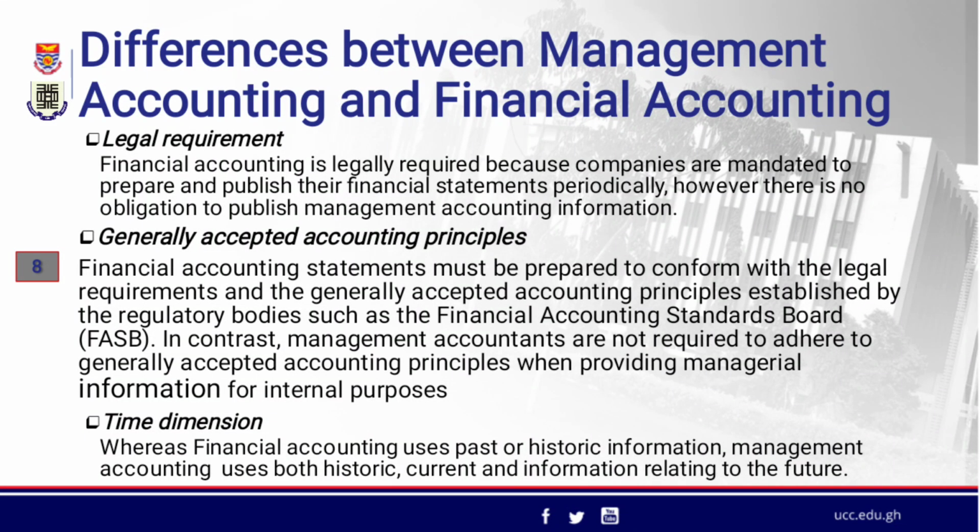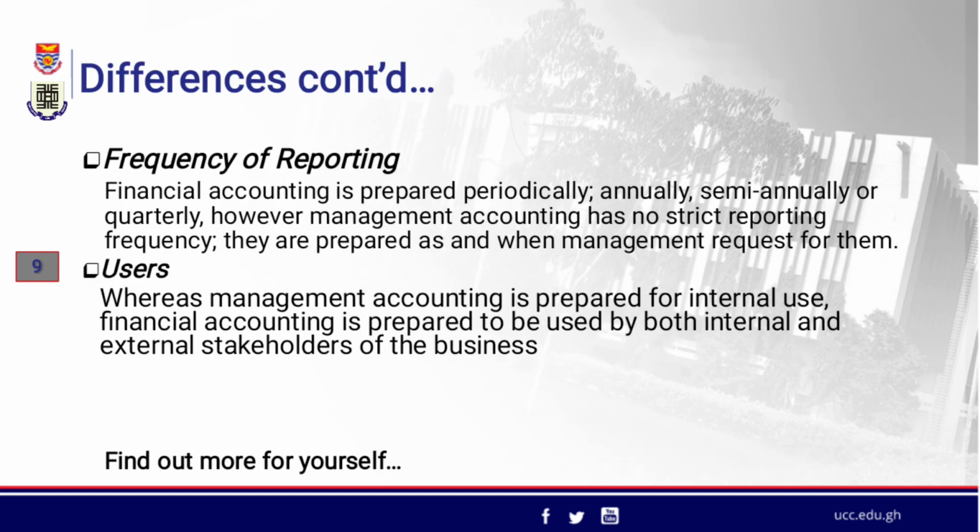internal purposes. Time dimension. Whereas financial accounting uses past or historical information, management accounting uses historic, current, and information relating to the future. Frequency of reporting. Financial accounting is prepared periodically, annually, semi-annually, or quarterly.